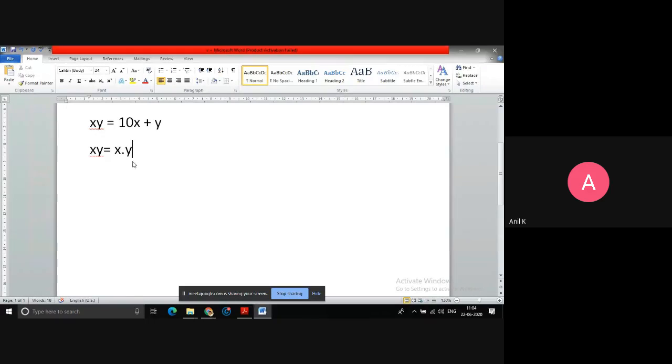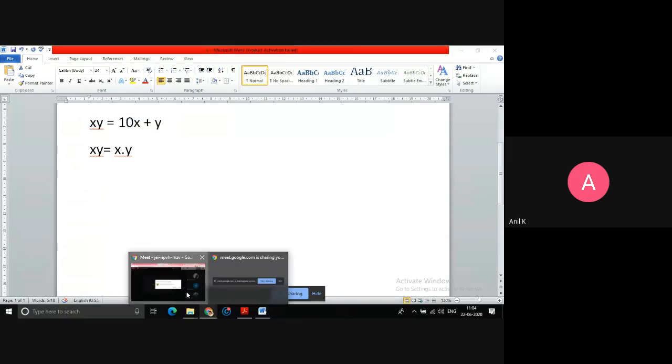This I cannot write as 10x plus y, because x and y are two different numbers multiplying with each other. But if xy is a 2-digit number, then I can express it as 10x plus y. Is the difference clear? It will be given in the question whether it is a 2-digit number or both the digits are multiplying with one another. We have to understand it carefully and expand accordingly.